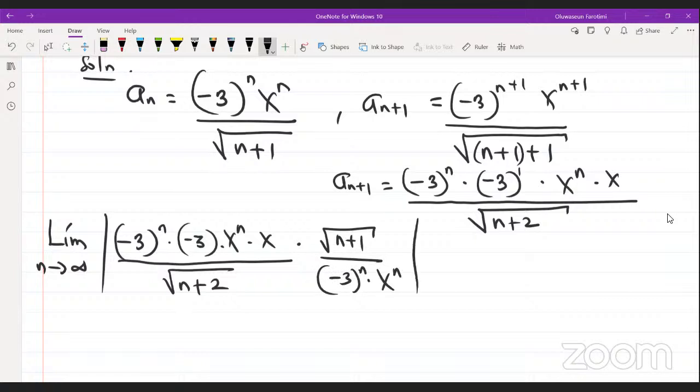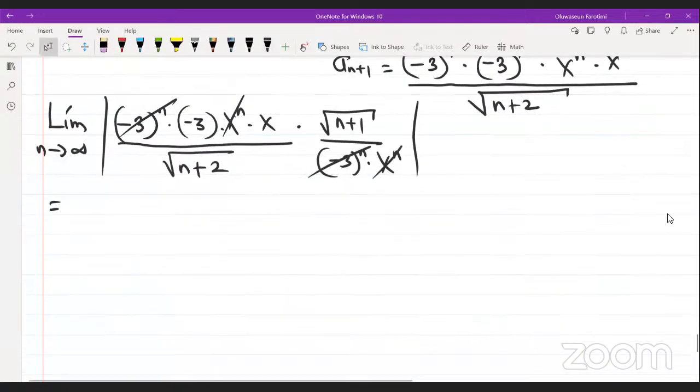x to the power of n. Can anything cancel? Sure. This guy cancels this guy. This guy takes up this guy. What else can be canceled? Nothing at the moment, okay? So let's put things together. N goes large. This is an x. And then this guy, you have a square root of n plus 1 on the top.